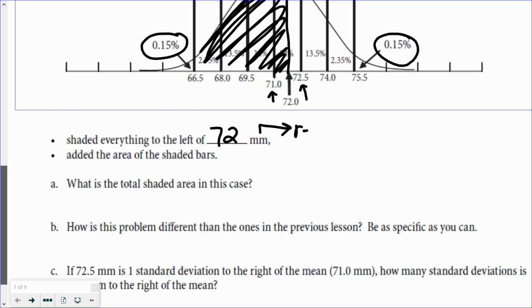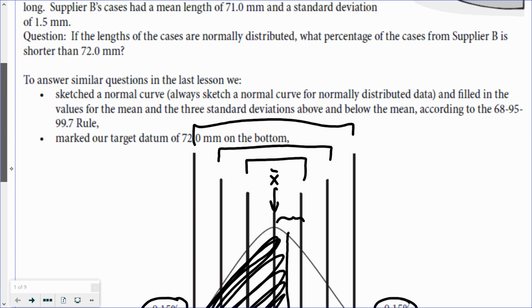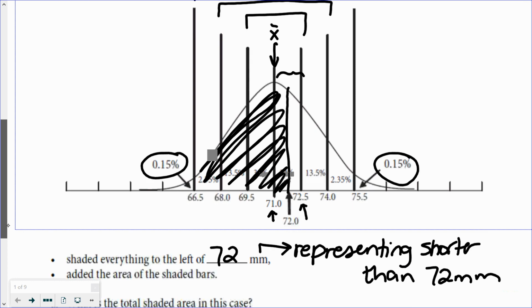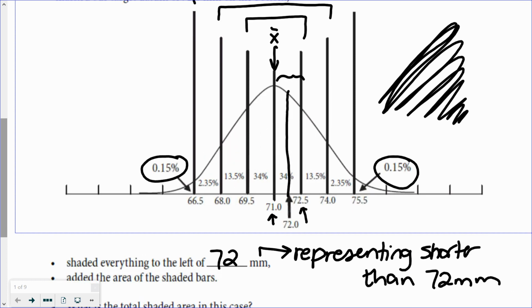Again, that's representing shorter than 72 millimeters. And then adding the areas of the bars. Sorry, I've got to scroll up, and I probably should erase all this scribbling that I've done, or just put it over here.